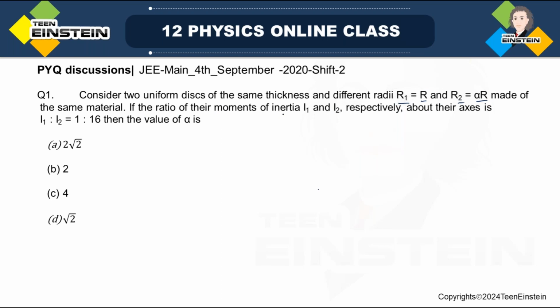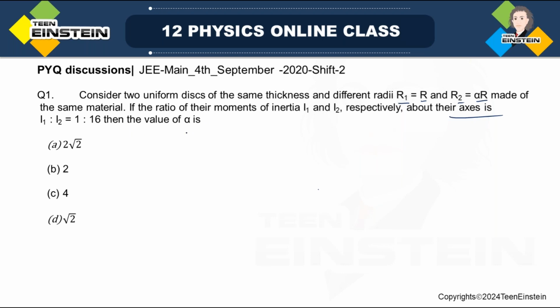If the ratio of their moments of inertia I1 and I2 respectively about their axis is given as I1 is to I2 is equal to 1 is to 16, then we have to find out the value of alpha.